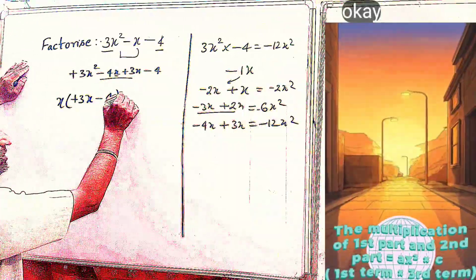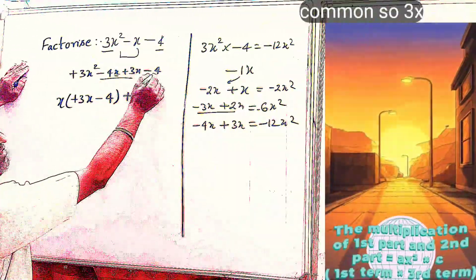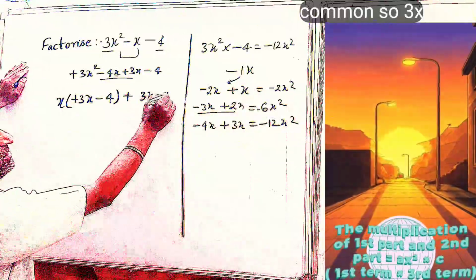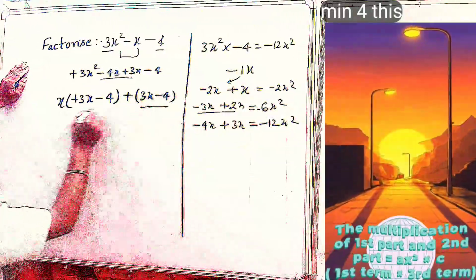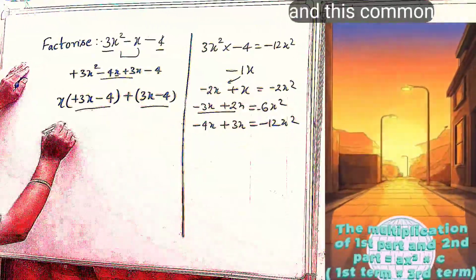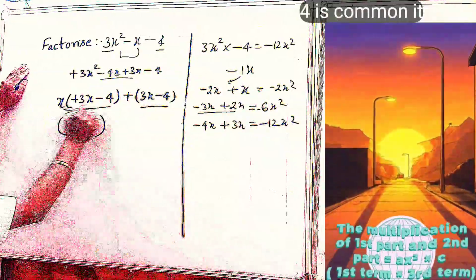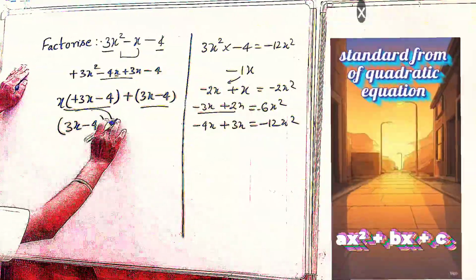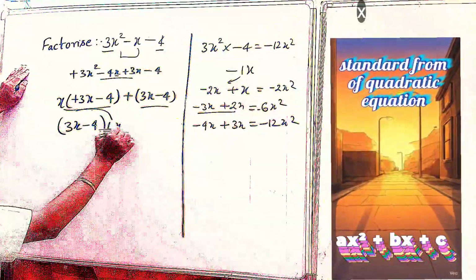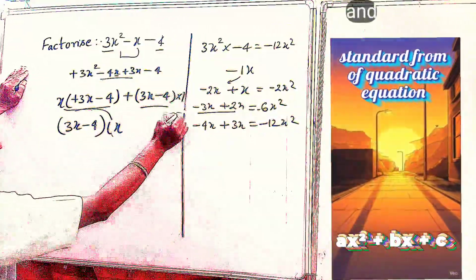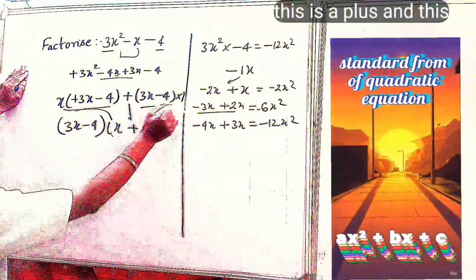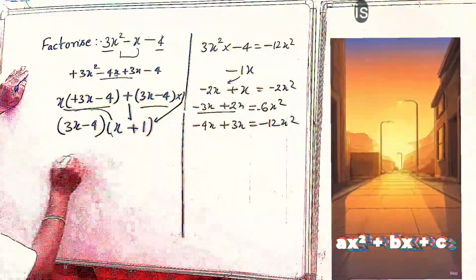Now nothing to be common. So 3x minus 4, this and this common. 3x minus 4 is common. It is x and 1, this is a plus and this is 0.